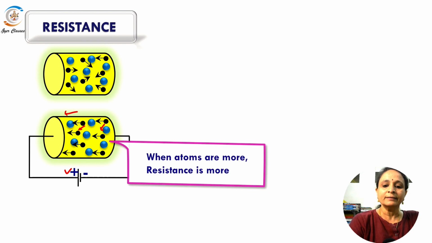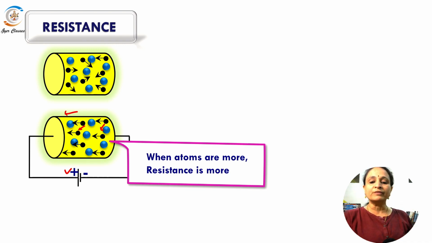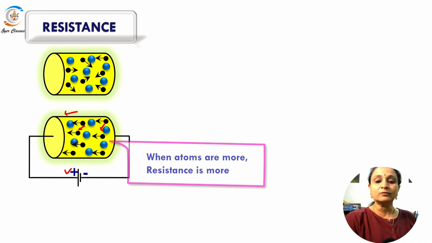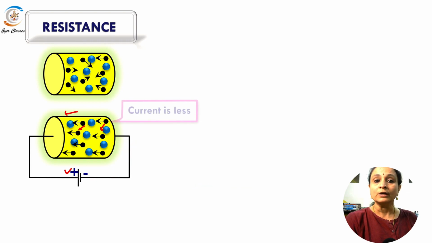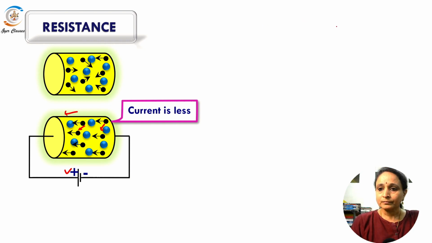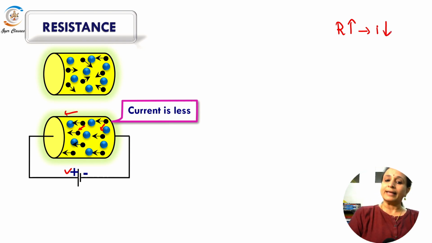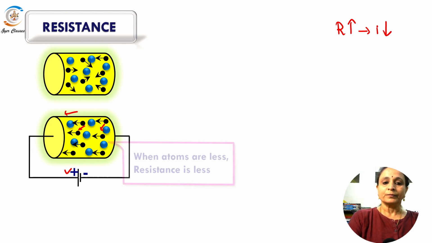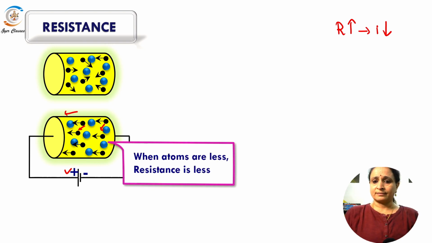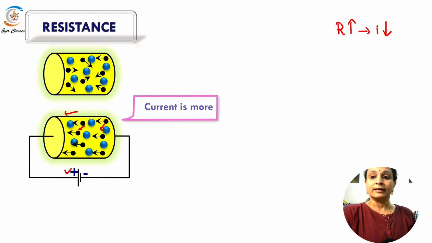So when atoms are more, the obstruction to the flow of electrons is more, then we say that the resistance of this conductor is more. That means the current is less. If the resistance is more, then the current will be less. Now when the atoms are less, the obstruction is also less, so the current is more.